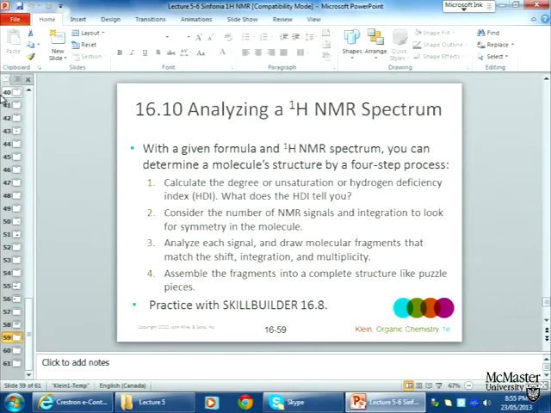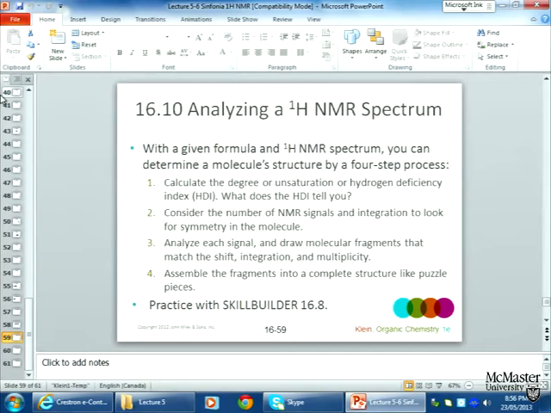There is no single sequence that you have to follow, but basically calculating the index of hydrogen deficiency, the number of NMR signals, looking for symmetry, analyzing each signal, drawing the molecular fragments, that's the methyl groups and the methylenes, and then in general, although you don't need to do this for Tuesday, you could apply the coupling rules so that you can work out what fragments must be next to each other.